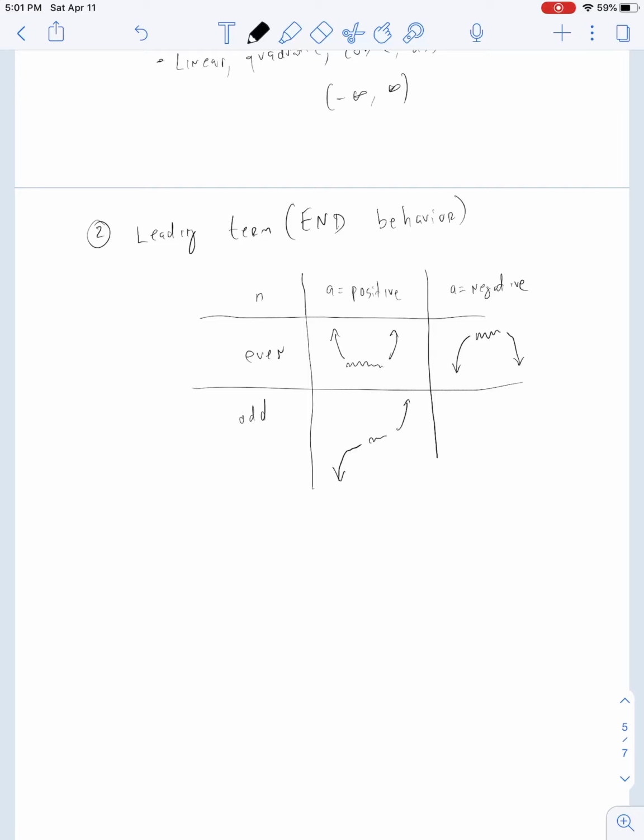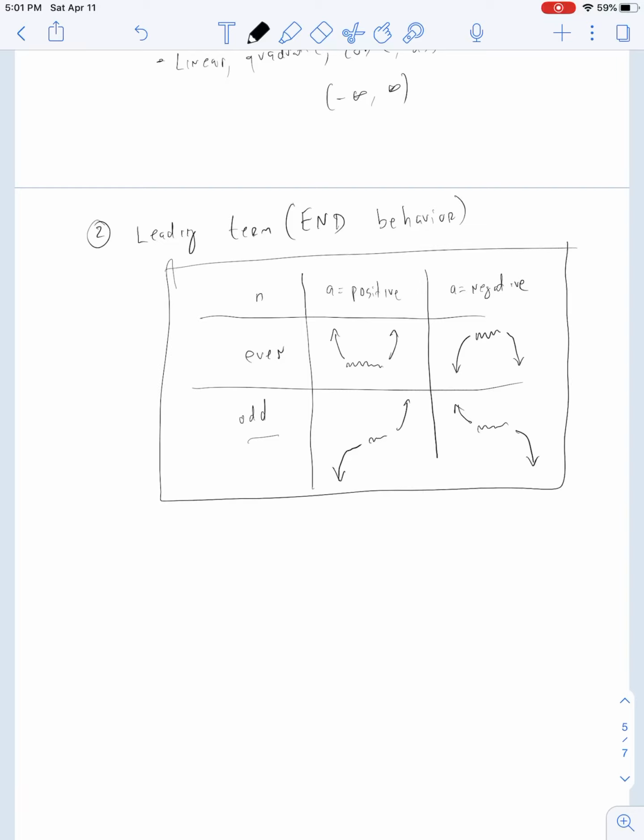We don't know what this is, and it'll go like that. If it's odd and it's positive, it looks like that. If it's odd and negative, then these are our end behaviors. So it's important to understand that. Let's take a look at an example.